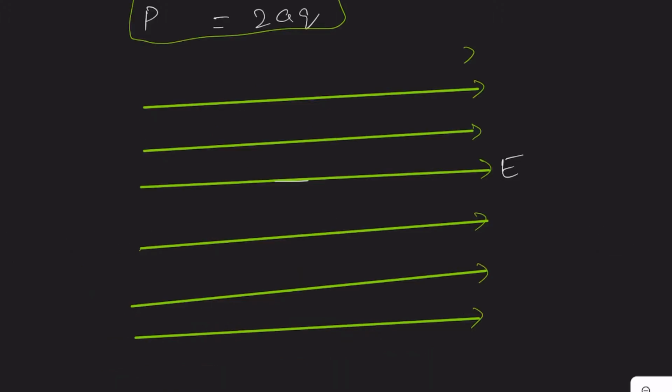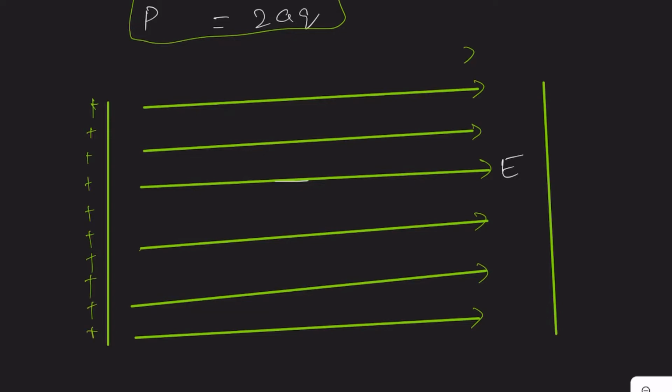Now what is meant by uniform electric field? You know, uniform electric field is produced by taking two parallel plates. One has positive charge, the other one is negative charge. Both charges are same.